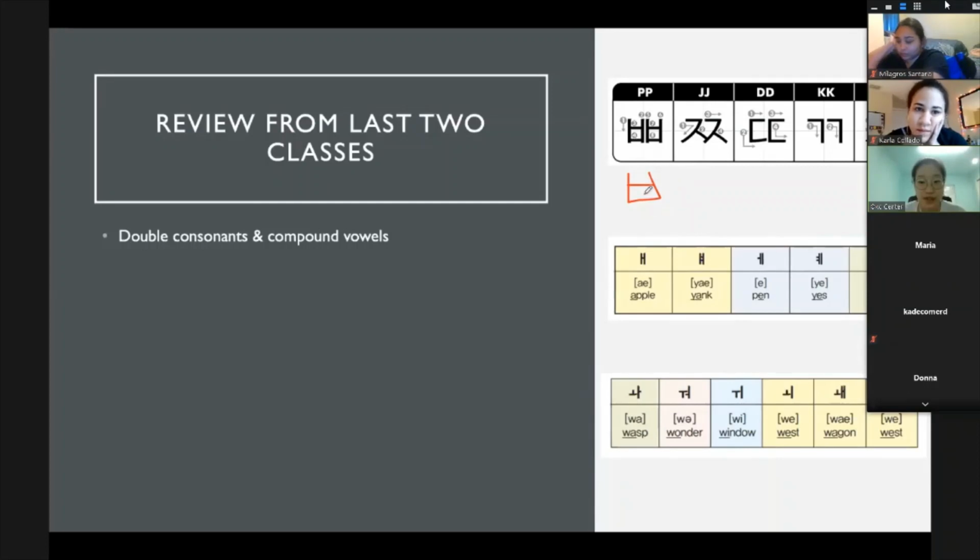So whenever you have pube, it's double. Therefore, it's double P. Same thing. This here, G sounds like J, so it's double.